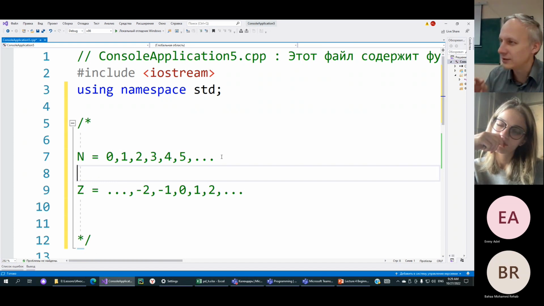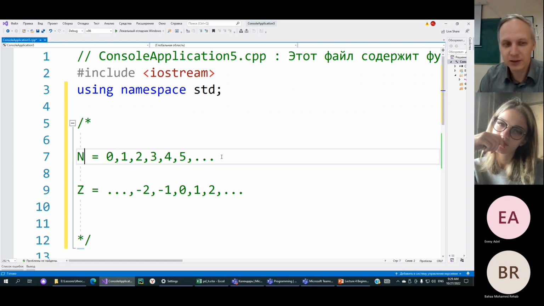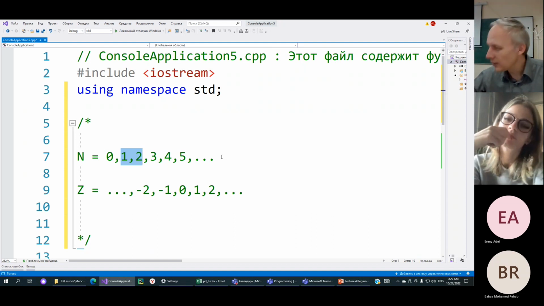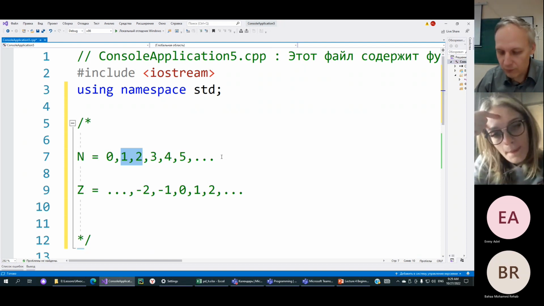If we subtract two natural numbers, we can go outside. We can get a negative number.